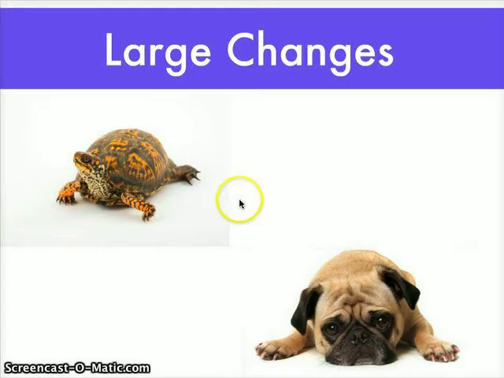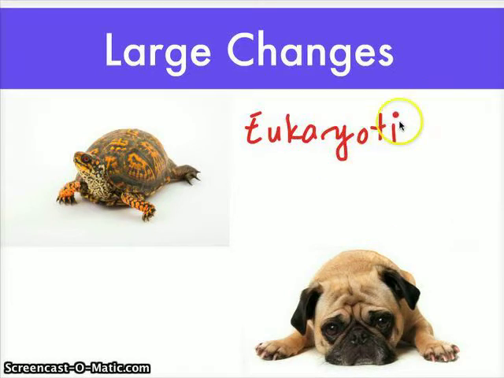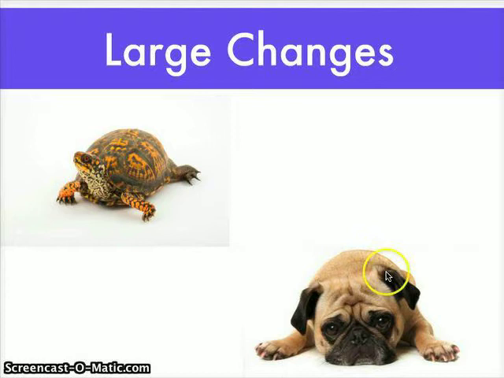But there are also significant similarities between Coco and Myrtle, and that is from the first slide. They are eukaryotic organisms. And eukaryotic organisms, as I said before, have cells with a nucleus. The nucleus contains the DNA, and they also have organelles inside the cells. So those are the similarities between Myrtle and Coco.